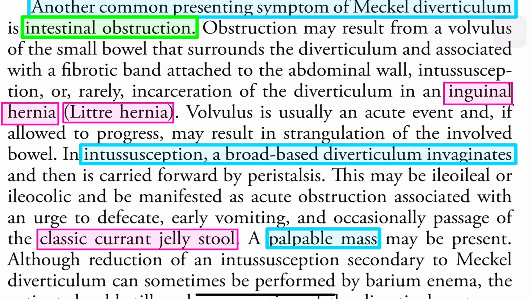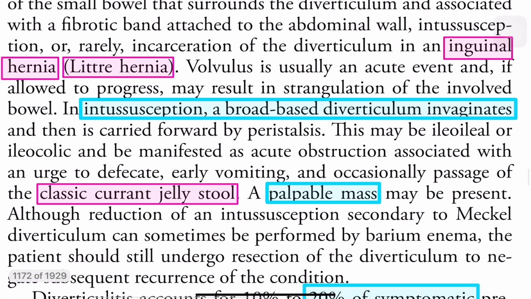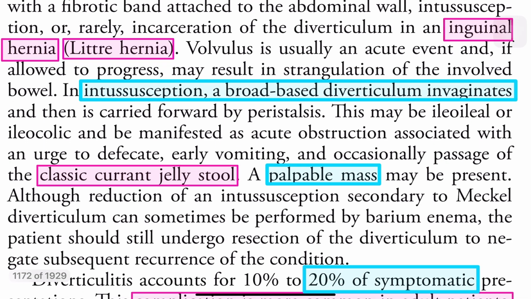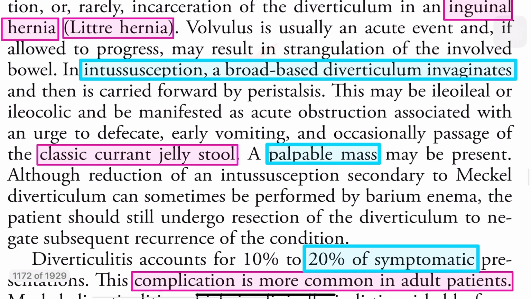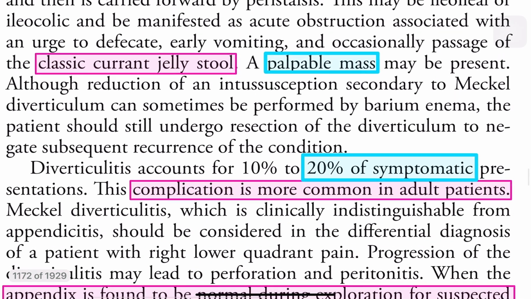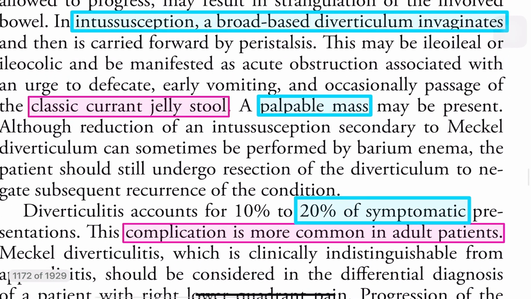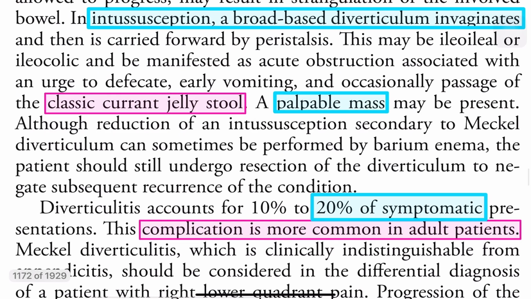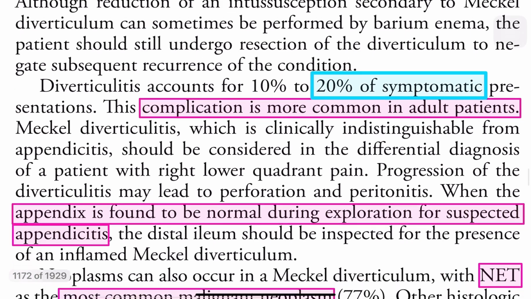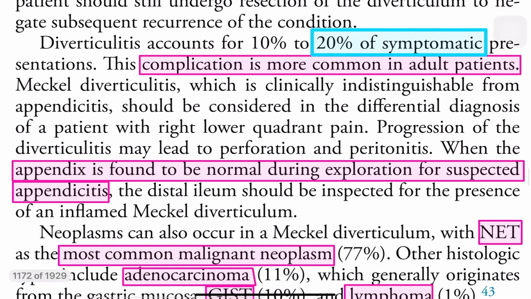Remember, Meckel's is little, so Littre. Intussusception can also occur if a broad base diverticulum invaginates. The patient will have the classic intussusception features: red currant jelly stool and a palpable mass. Almost 20% of Meckel's diverticula are symptomatic.